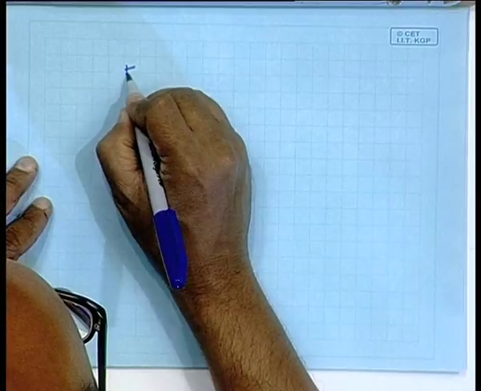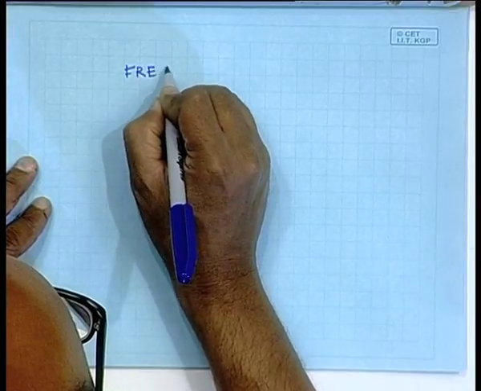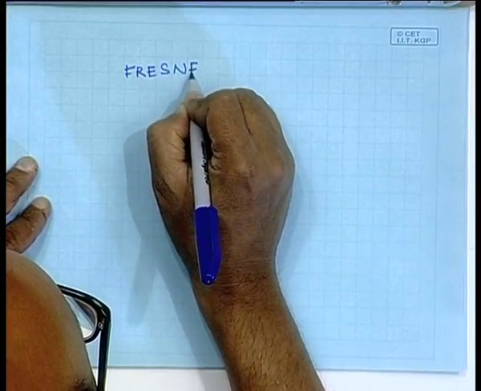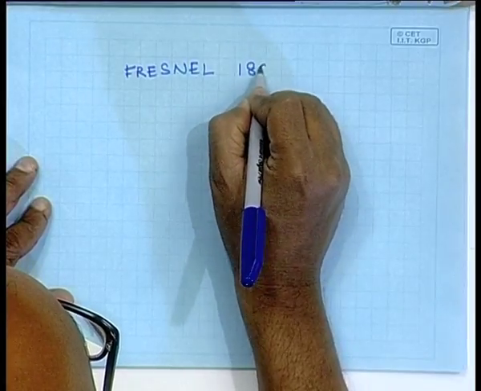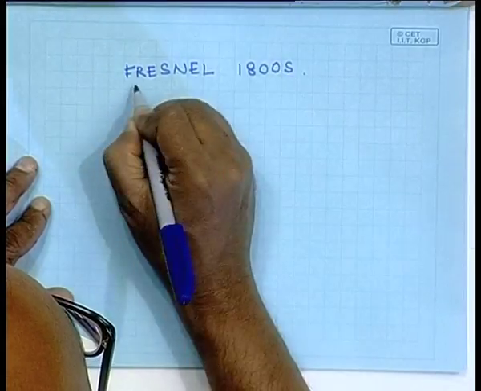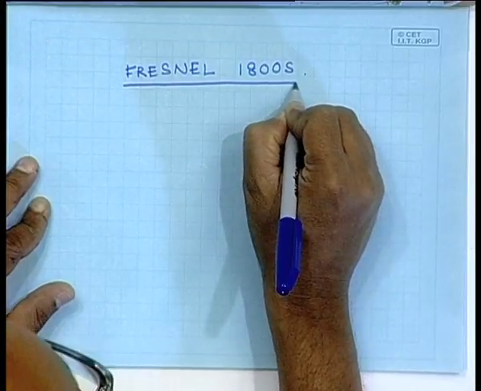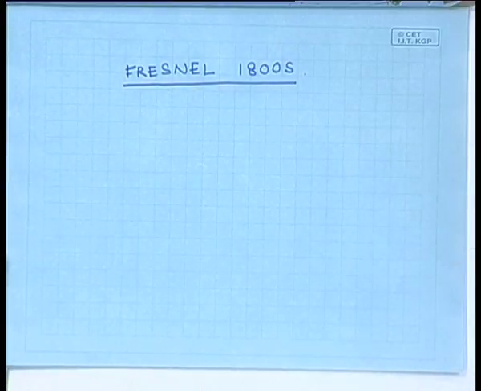So, Fresnel in the 1800s generalized Huygens principle so that you could apply it to explain the phenomena of diffraction. So, let me explain to you what the Huygen-Fresnel principle is.